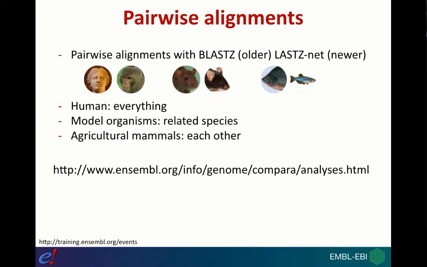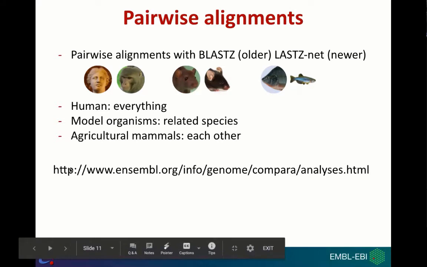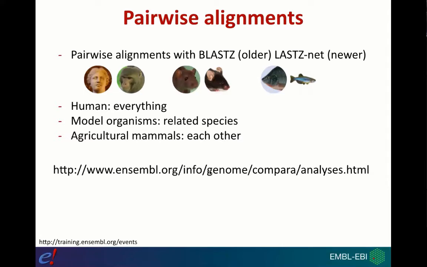For model organisms, we align the genomes to related species. For example, we align the mouse genome to other related rodents. Agricultural mammals, we align to each other as well. And we also align species sets, so the fish against one another. If you are interested in the different pairwise alignments that we perform, you can get the information through the documentation that's linked here.